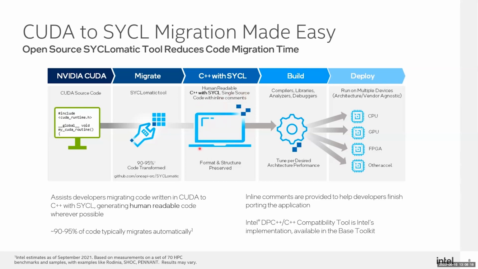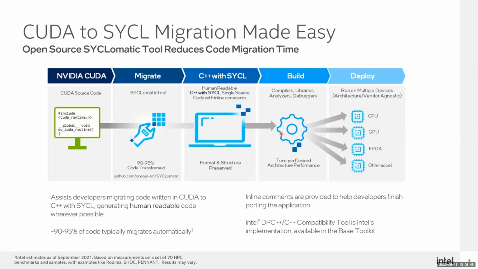So typically this will migrate maybe 90 to 95% of the code. And there are some manual changes you may have to do, right? For all those manual changes, it does give you a commented section within the code, so you can go and easily address those. In some cases, if your code is very simple, it will migrate 100%, and then you can just compile it using your SYCL compiler, right?